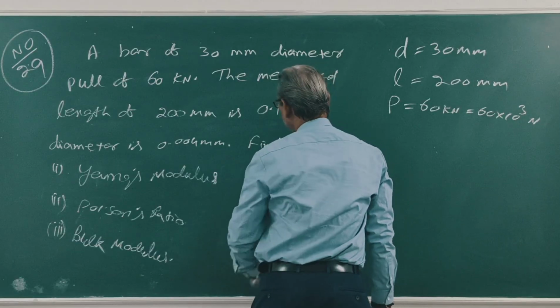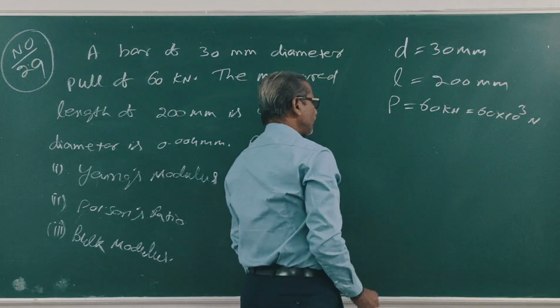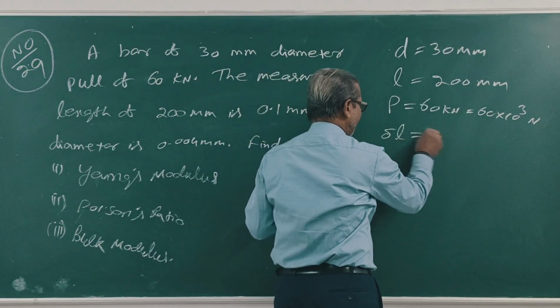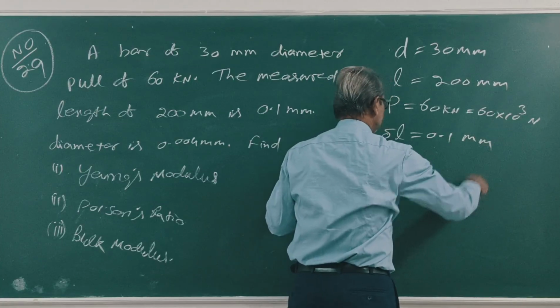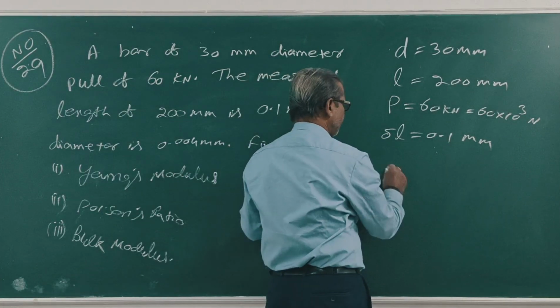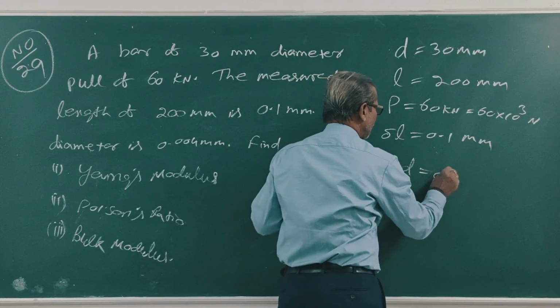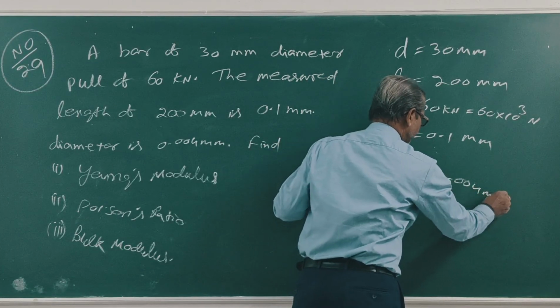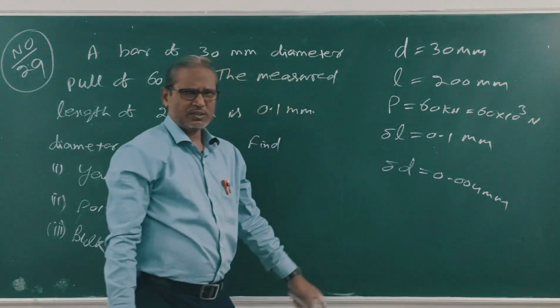Right. Change in length 0.1 mm, delta L is equal to 0.1 mm. Change in diameter 0.004 mm, delta D is equal to 0.004 mm. Clear? This is the given data.